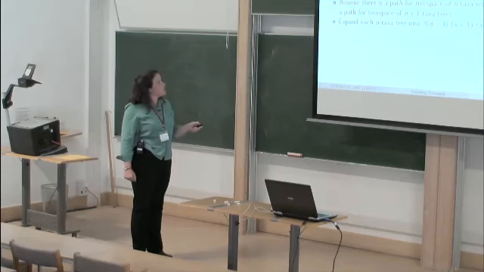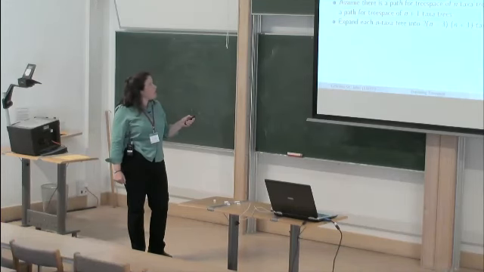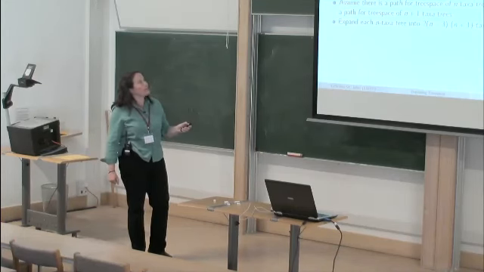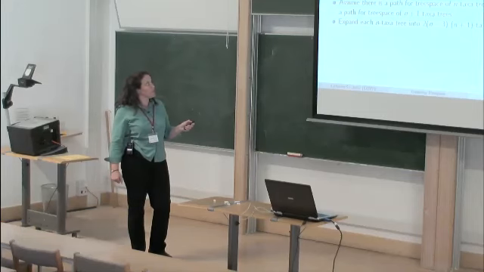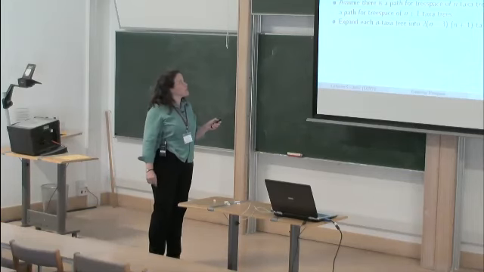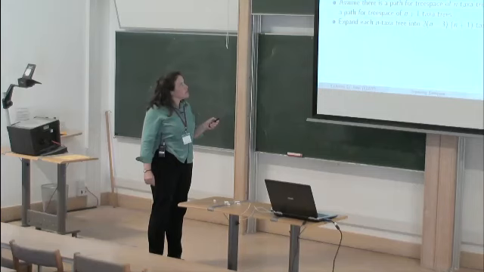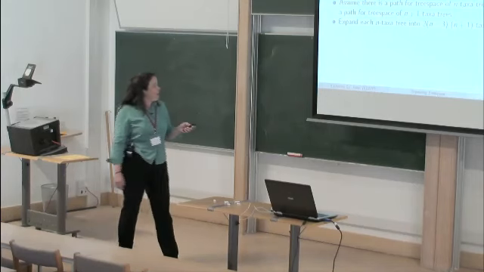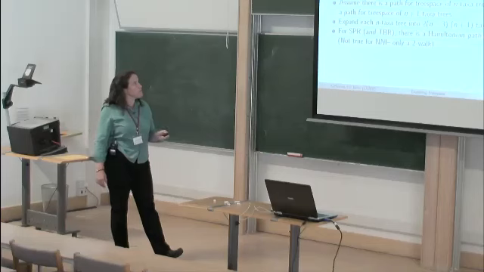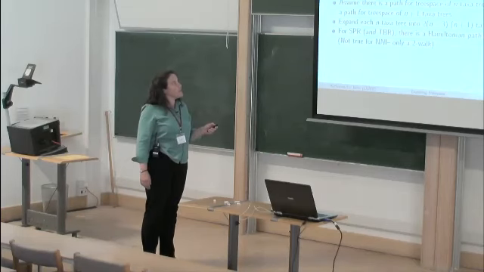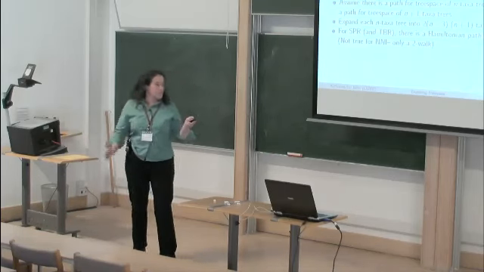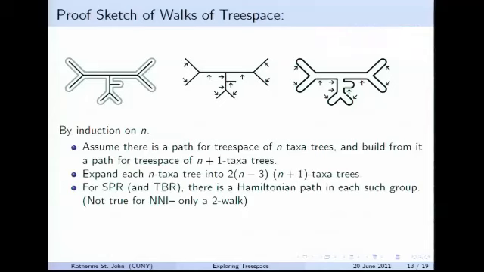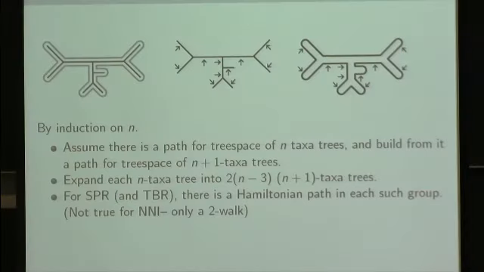That is, I expand the n tree into n plus 1 trees, 2 times n minus 3 of them, where you put the new leaf in any of the possible places. And then for SPR and TBR, you can walk around these new trees by just picking up the leaf and moving it. So it's very cute and very simple.